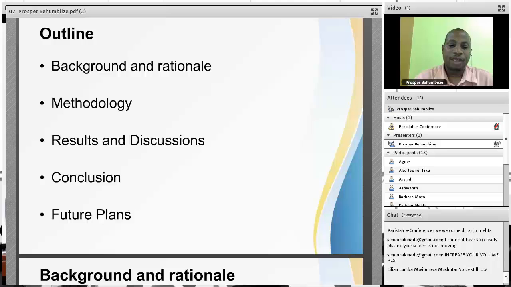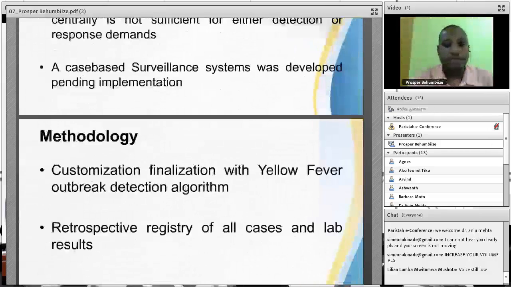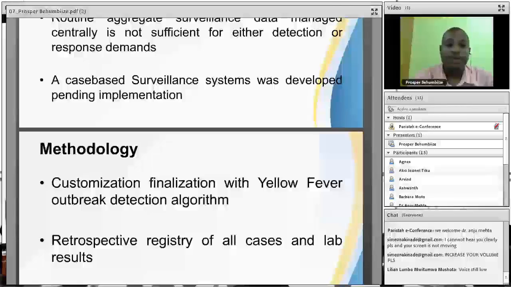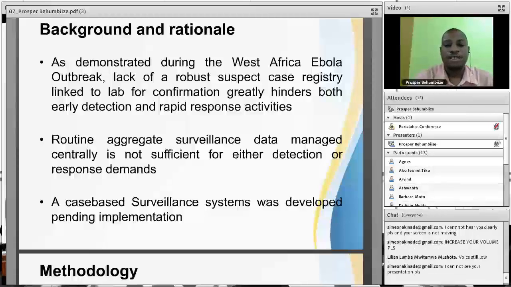In my presentation today, I'm going to share a little bit about the background and the rationale behind building this information system, the methodology we used to come up with the system, some partial results of what we've been able to achieve so far, a little discussion of what has been going on, the conclusions, and then the plan for the future in terms of scale up and adoption, if anybody present here wants to use the system.